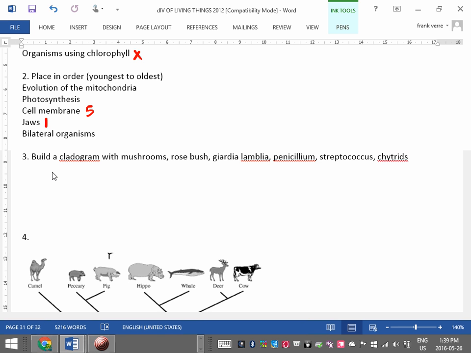Yeah. Right? There are things that are bilateral that don't have jaws. So here's the thing, all things with jaws are bilateral. But all things that are bilateral are not necessarily jawed animals. There you go. So there you go. So 2.